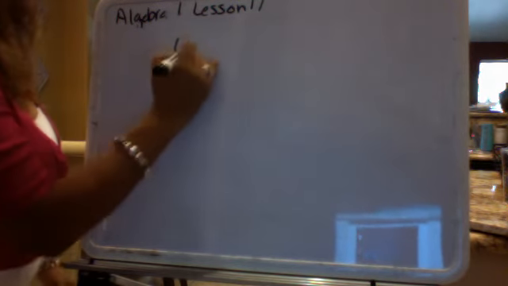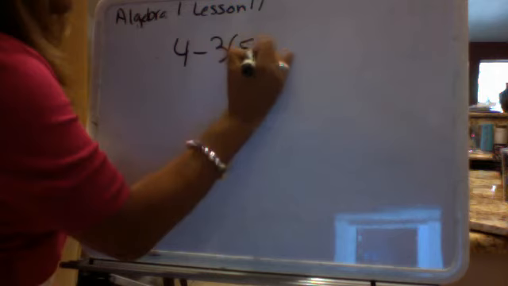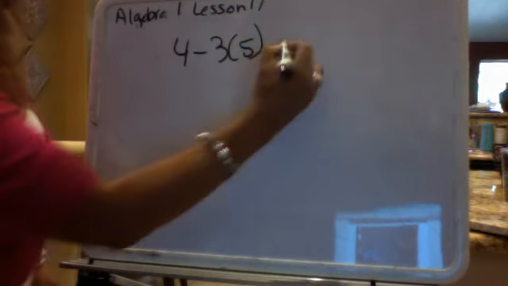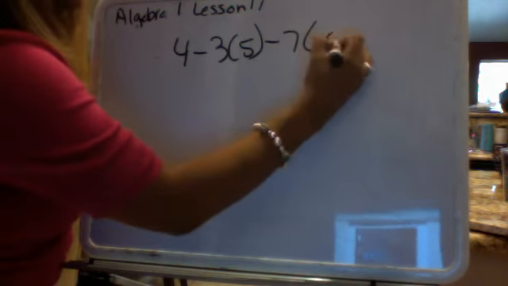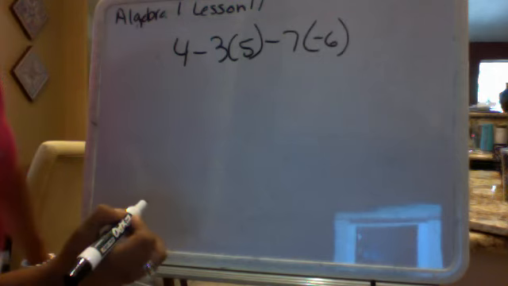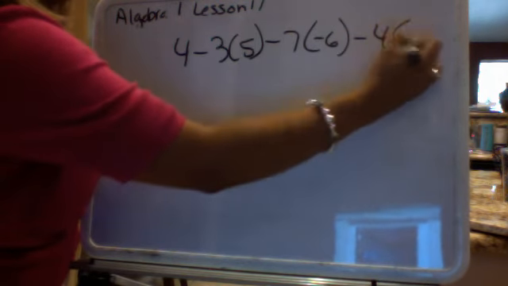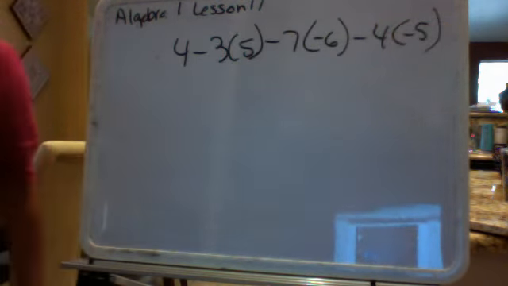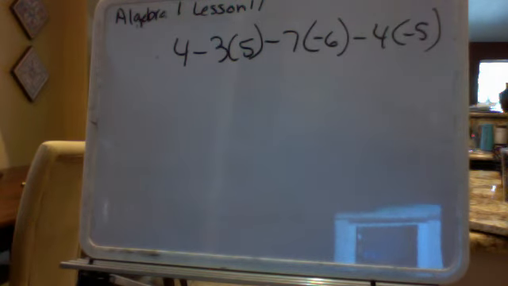So now let's look at a problem and break it down. Let's look at 4 minus 3 times 5 minus 7 times negative 6 minus 4 times negative 5. Well, how do we know if it's plus, minus, or multiplication?